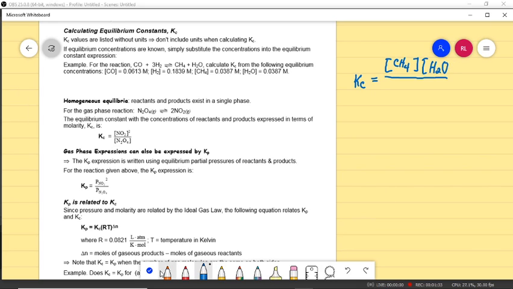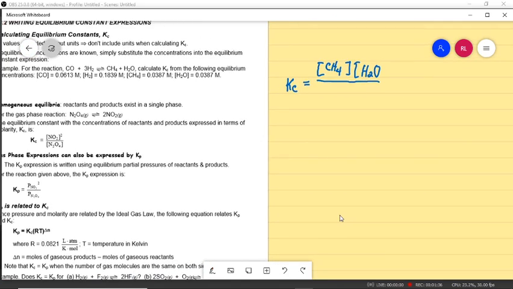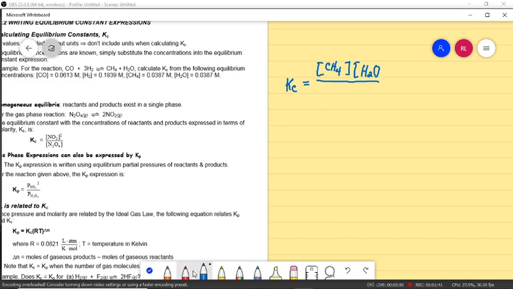Let's move this one. Here we go. It is divided by, so you have carbon monoxide and then you have hydrogen gas.